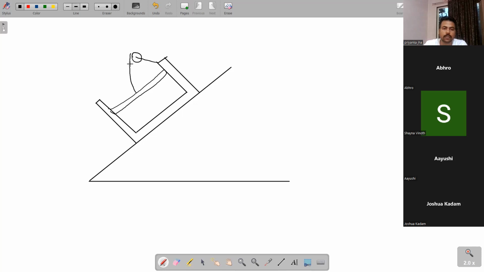Suppose this is connected by a string and this is connected with a fixed wall, like this. Let me draw a proper diagram. Like this. This is the string.